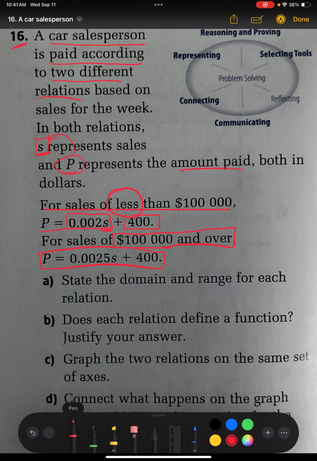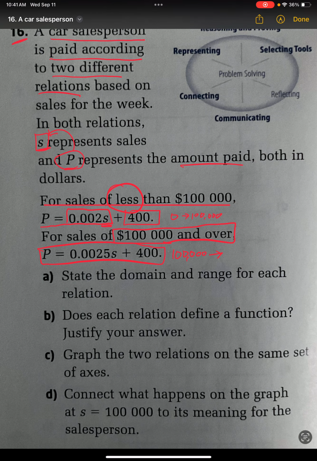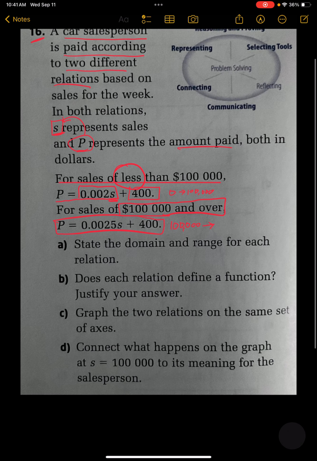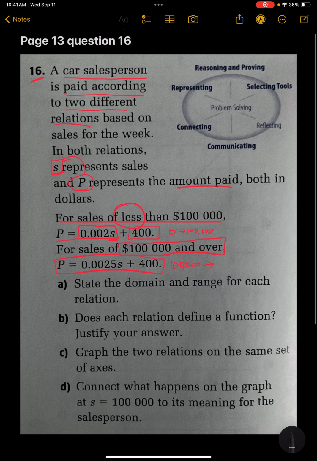Because this one is only valid from 0 to 100,000, and this one is only valid for 100,000 and more. So let's try and do that. Let's erase some of that to clean it up.